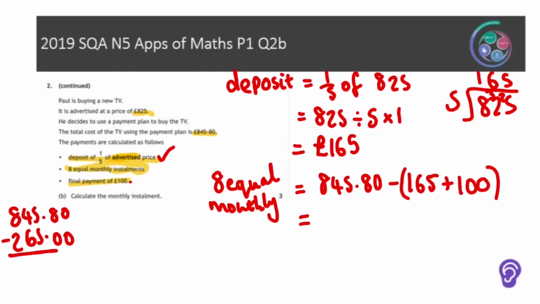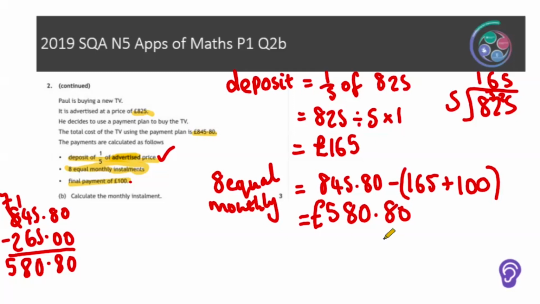So 0 take away 0 is 0, 8 take away 0 is 8, decimals line up, 5 take away 5 is 0, 4 take away 6 I can't do, so I'm going to borrow from the 8 to make that 7, or really 700, and that's going to become 14, or really 140. So 14 take away 6 is going to leave me with 8, and then 7 take away 2 leaves me with 5. So my 8 equal monthly instalments in total are going to be £580.80.